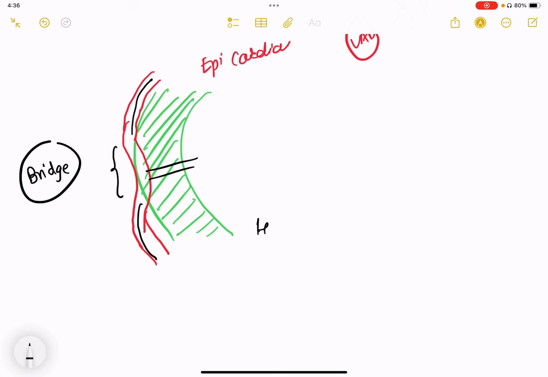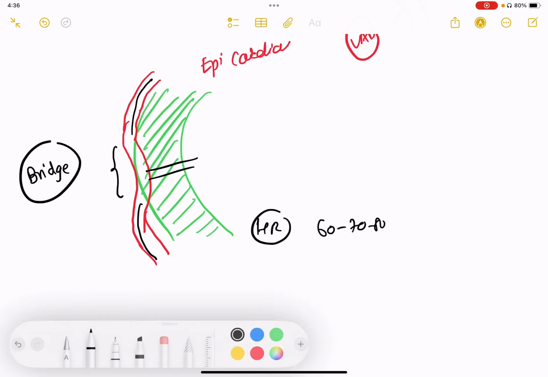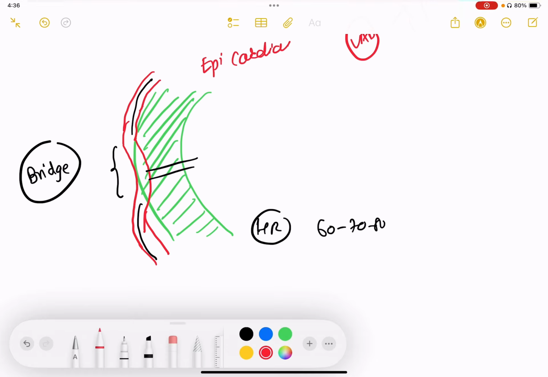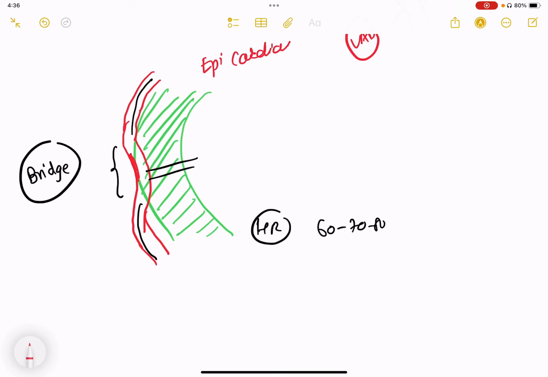When the heart rate is normal, around 60, 70, 80, 90, whenever this muscle contracts, it automatically puts pressure on this left anterior descending artery. So the blood flow during that contraction gets reduced to the muscle supplied by this artery.